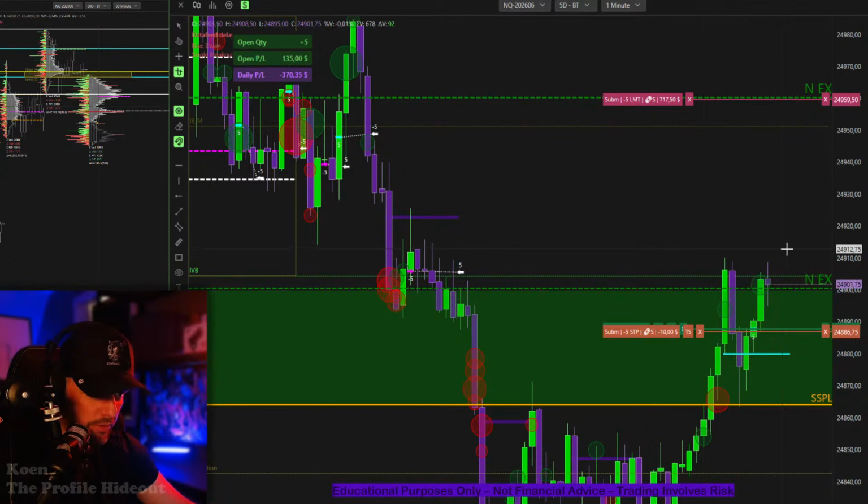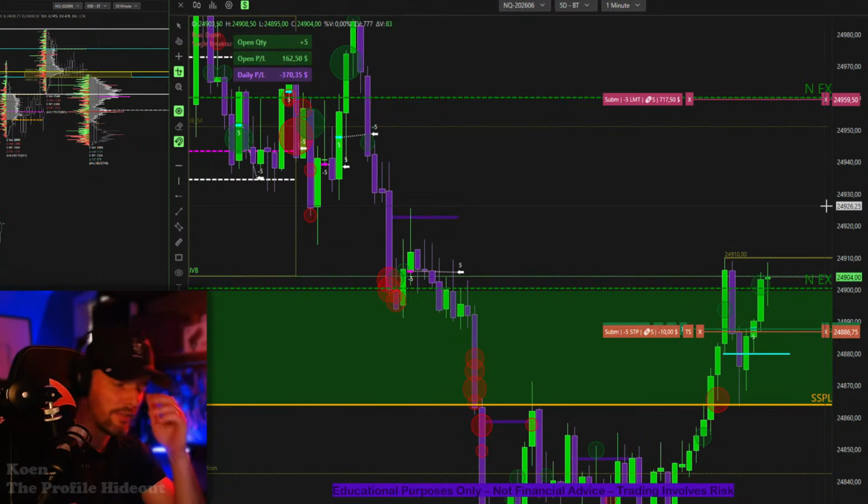Delta is super strong, unable to push through the last swing point. Has to push through that point.